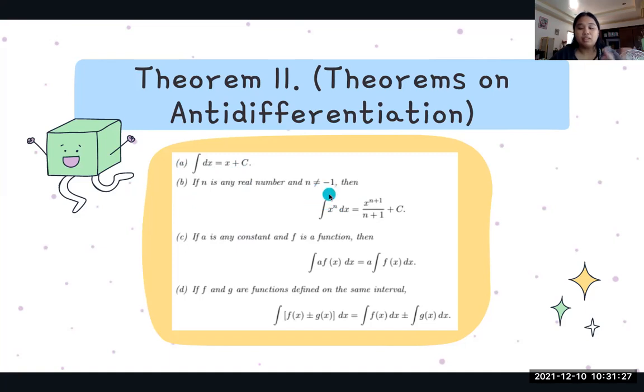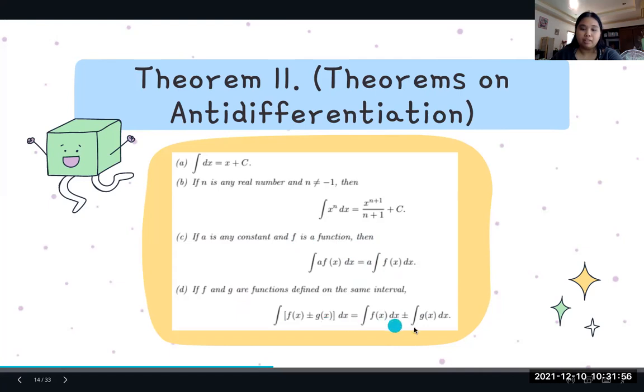In the power rule in our derivative rules, we subtract 1 from the exponent, but here we add 1 to the exponent. If a is a constant and f is a function, then we transfer the constant outside the integral sign. Here we have another rule, the sum and difference rule.